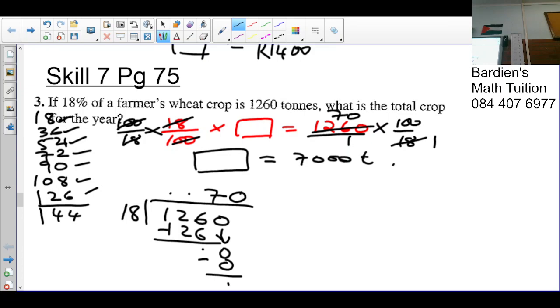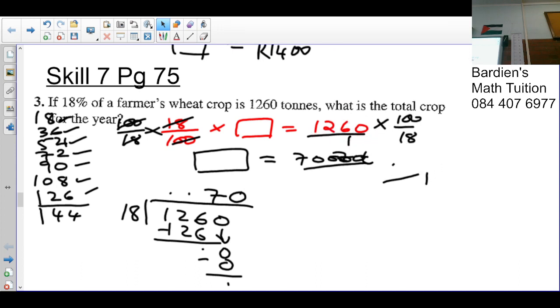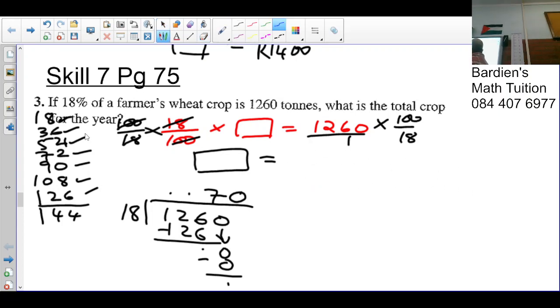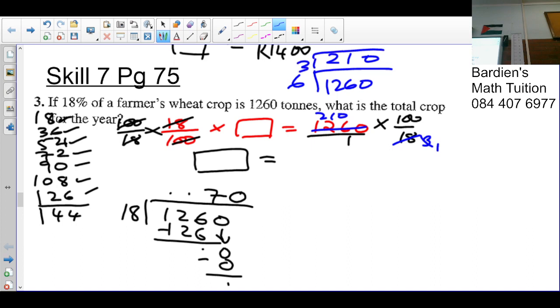Okay, that is one way. Otherwise, what could have also happened was, which is going to make more sense at this point since we're busy with fractions, I can first say that 6 goes into 18 here 3 times. And 1,260, 6 goes into here 210 times. Then 3 goes into 3 once, 3 goes into 210, it's going to give you 70.